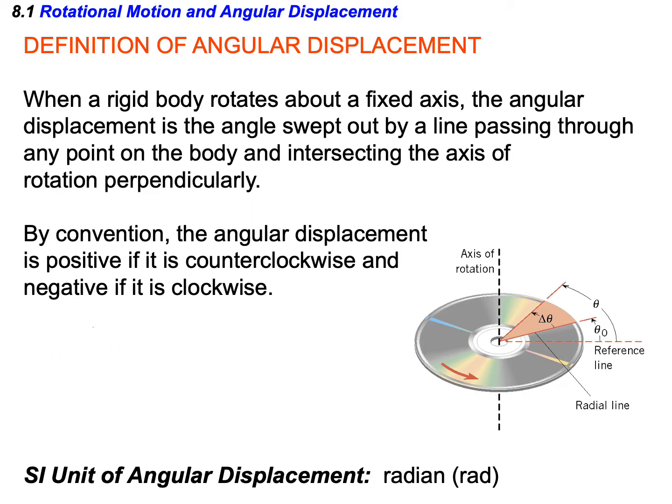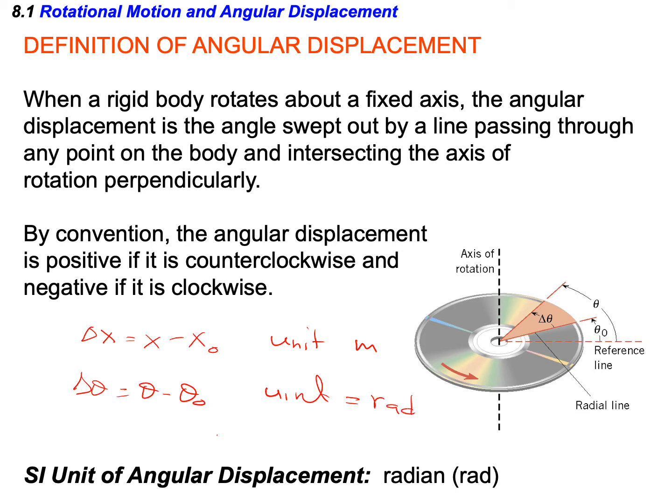Okay, so in linear motion, displacement delta x equals x minus x naught, and the SI unit is meters because the distance SI unit is meters. So delta theta equals theta minus theta naught. It's an angle. Therefore, for the SI unit, we know we measure angles in degrees, but the SI unit is radian.